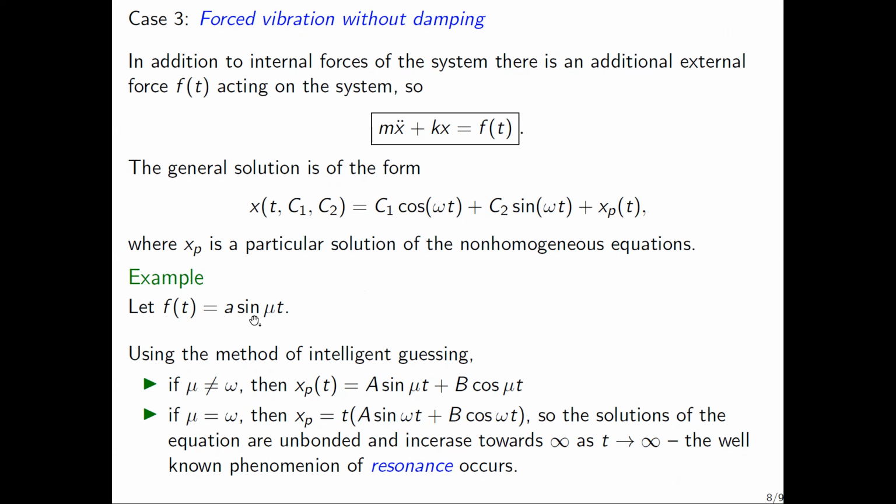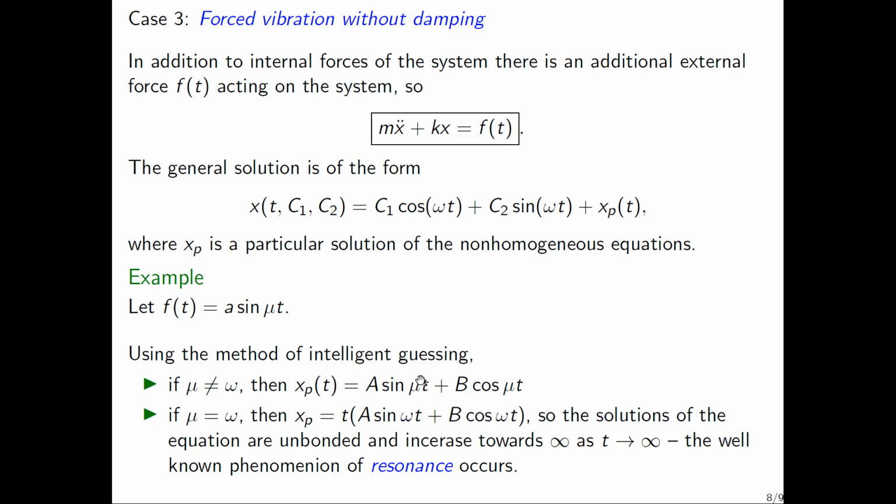We can try a linear combination of sine and cosine with the same argument. So we can try this sine mu t and cosine mu t. And if mu is different than w, this really gives us a particular solution.